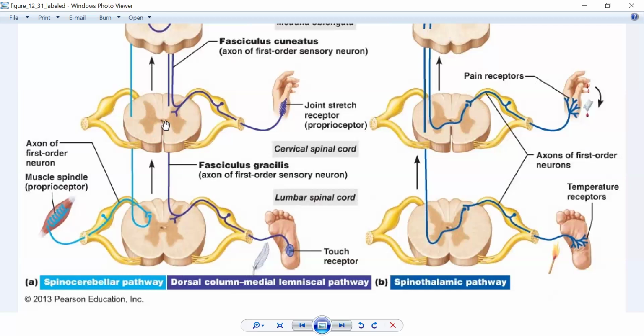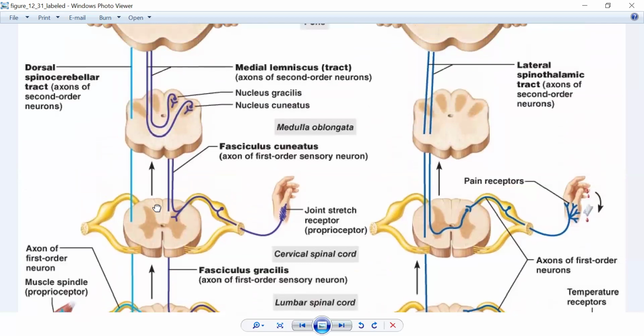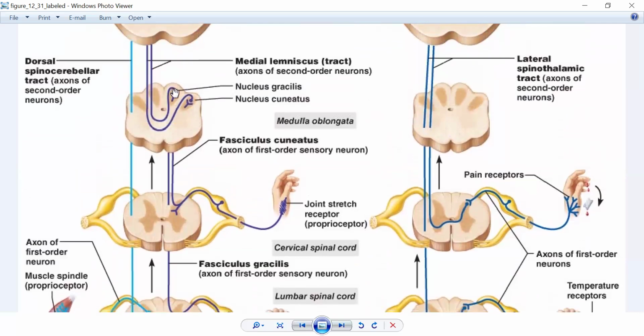Then it goes up, and we're going to follow it, and then it crosses over in the brainstem and actually in the medulla oblongata. So most tracks, no matter if it's going up or down from or to the brain, they're going to cross over. Okay, they decussate, we say. So here it crosses over and it communicates to the second neuron. So far, that's two.